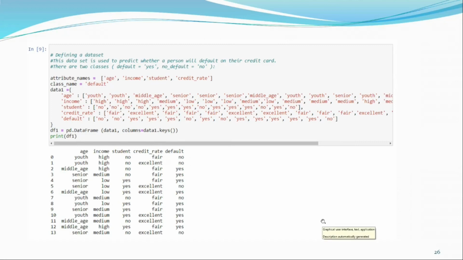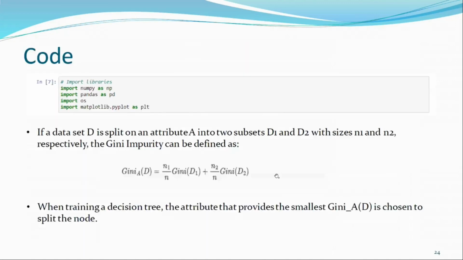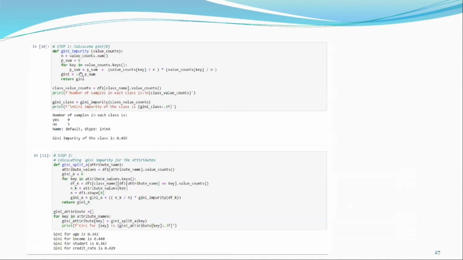Now step one is to calculate the Gini impurity. Here this calculates the sum, as it has only two classes. So we can use this formula to get the sum, and the Gini impurity is 1 minus the sum.